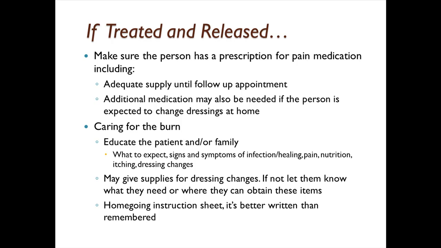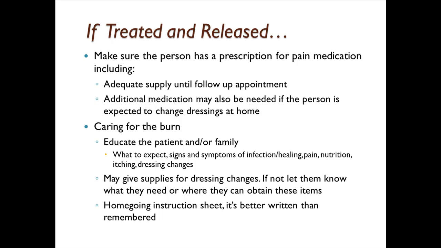You want to make sure we educate the patient and or family. They need to know what to do to care for that burn. What are they going to expect if there's signs or symptoms of infection, healing, pain, nutrition? They need a lot of calories and proteins for that burn wound to heal up. If they have itching, what should they do?